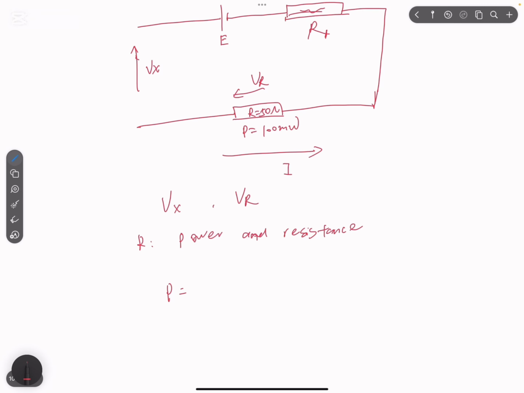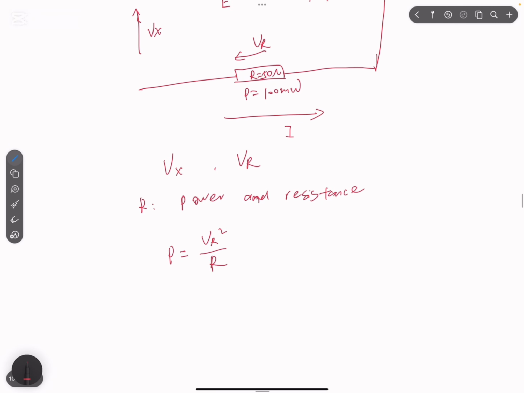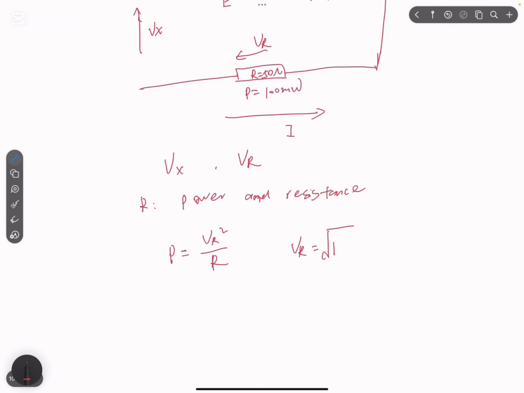So P equals VR squared divided by R. With this formula, VR will be equal to the square root of P times R. So that will be the square root of 100 milliwatts times 50 ohms, which is the square root of 100 times 10 to the minus 3 times 50. That will give us 2.236 volts.